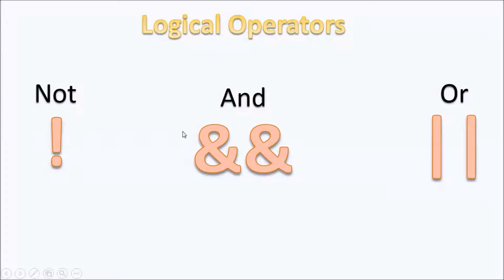If we start from the and operator, think that there are two numbers and we are checking whether both are greater than 0 or not. In other words, both are positive or not. So we will write number 1 greater than 0 and number 2 greater than 0, and the and is written like this.